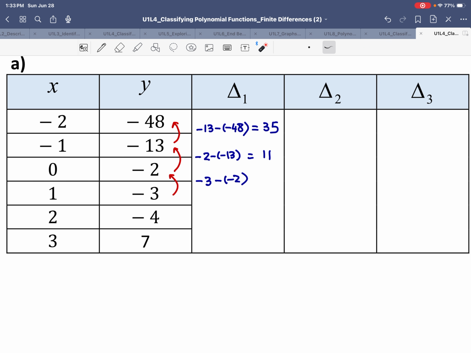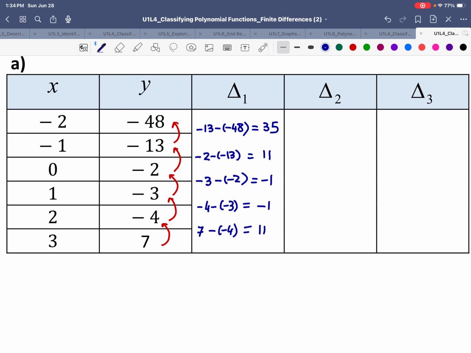Negative 3 minus negative 2 is negative 3 plus 2. That will give a negative 1. Then we have negative 4 minus negative 3. So that's negative 4 plus 3, negative 1 again. And then next we have 7 minus negative 4. And that's 7 plus 4, that's 11.